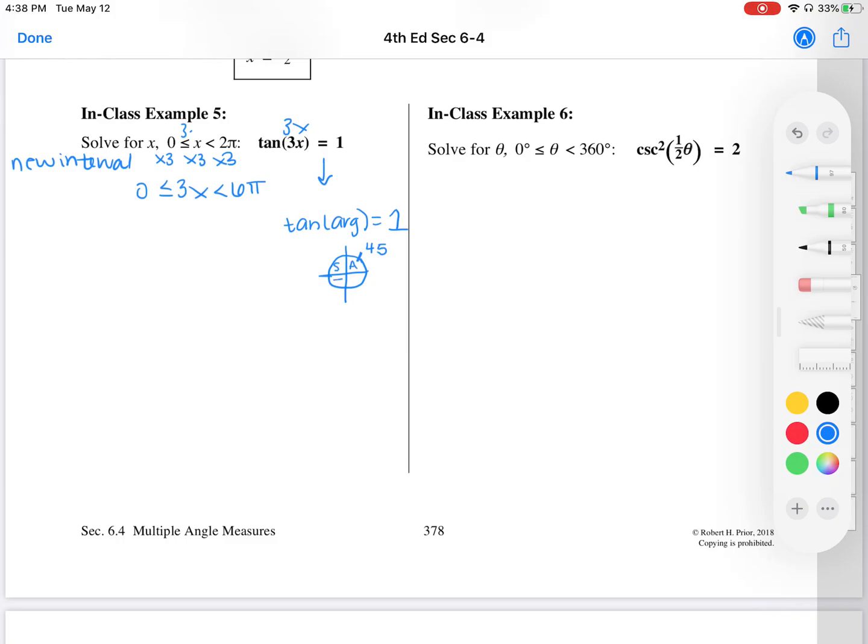All students take calculus. So it happens again at 225 degrees. Okay, but we're working with radians, so let's switch that. So this 45 degrees would be the same as pi over 4. 225 degrees would be the same as 5 pi over 4.